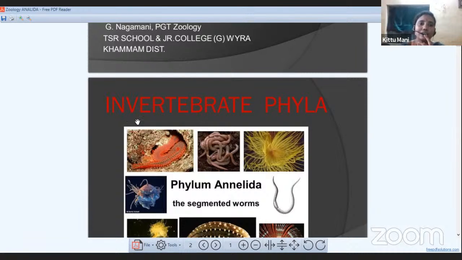Invertebrates do not have a vertebral column or backbone. Vertebrates have the vertebral column, meaning they have the spinal cord.